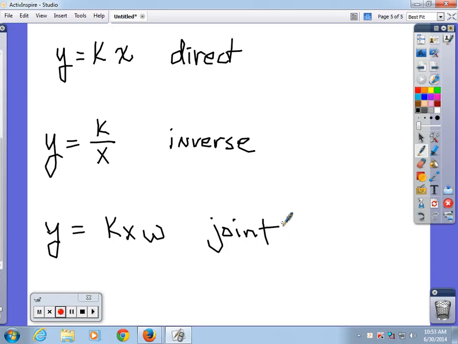In this section of 7.5, you're going to be working with these 3 formulas. K is what we call a variation constant, which is basically a fudge factor. You will hear fudge factor in science. A fudge factor is a number that makes an equation work. All right? Now, you've done this before.